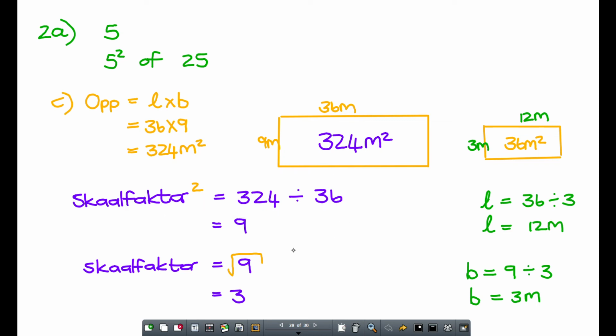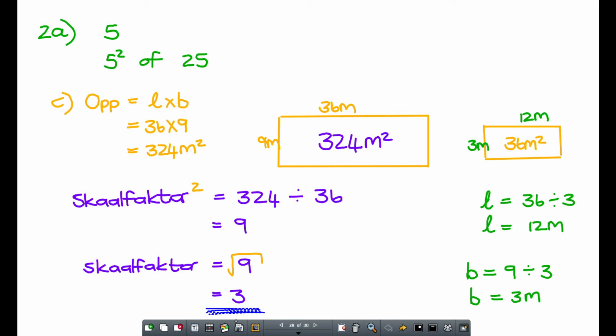That's going to give me 9, but that's not your scale factor. Because it was area, it's actually scale factor squared is giving me 9. So to get just the scale factor, I said I'm going to get square root of 9, which means that the scale factor would be 3. Are you guys fine with that?